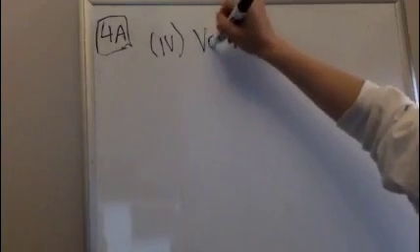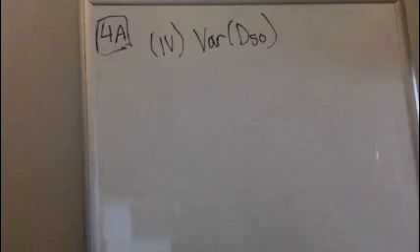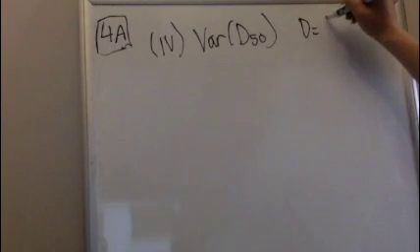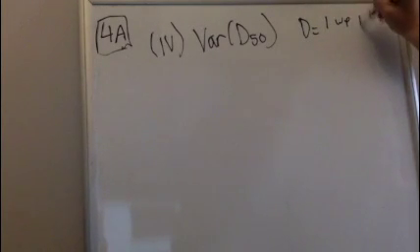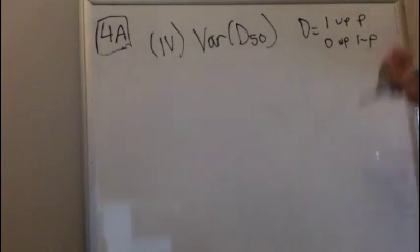Okay. So part 4 is asking about the variance of D50. Now, we know that regardless of where in the sample we are, D equals 1 with some probability P and 0 with 1 minus P, so that these sum to 1.